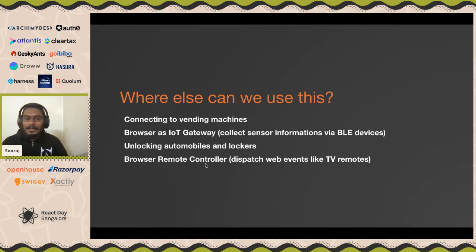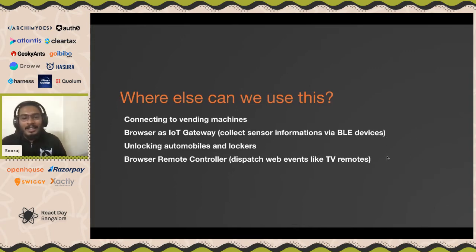Also, you can think about something interesting, like a remote controller for your browser. You'll have a mobile application in your hand, and you can control the browser events. To go a little more technical, you can dispatch events remotely from a mobile phone, so that you don't need to use your mouse or touchpad to control video content if you're playing Netflix or something of that sort.